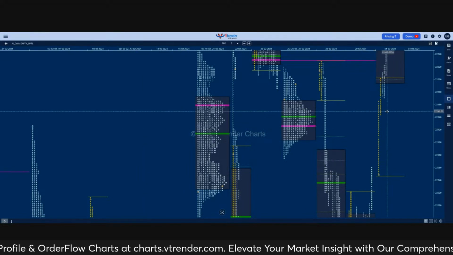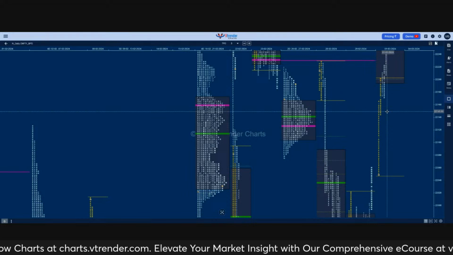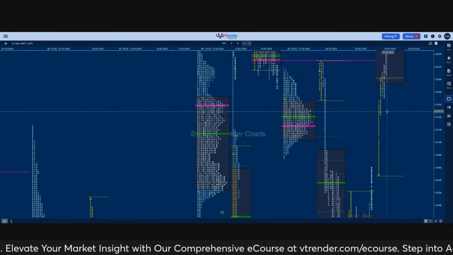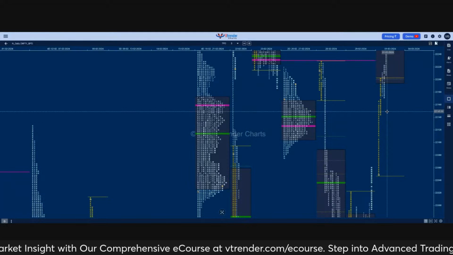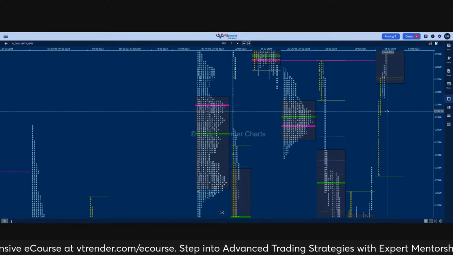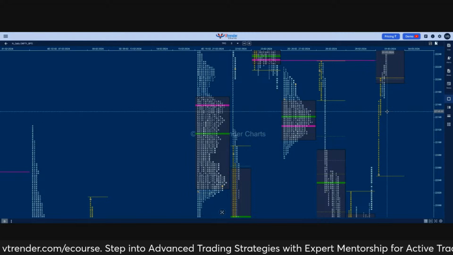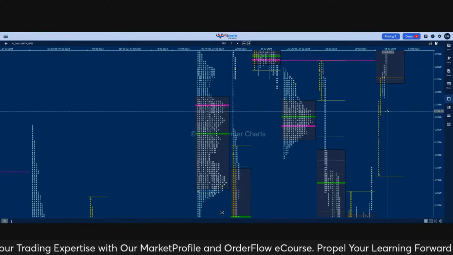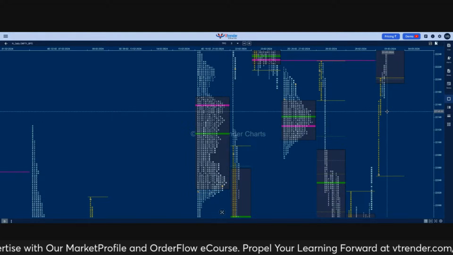Another point to note: I gave you the POC and the VWAP of the February month. Another important reference we take when a new series starts is a rollover point. How do we get the rollover point? We get the rollover point by looking at the maximum volumes which come at the close of an expiry day.